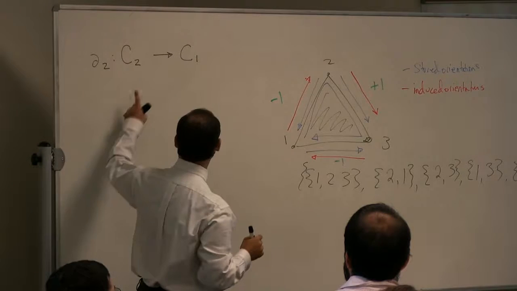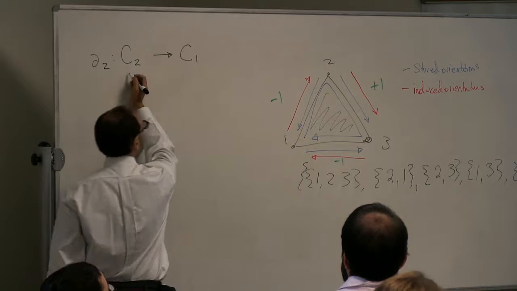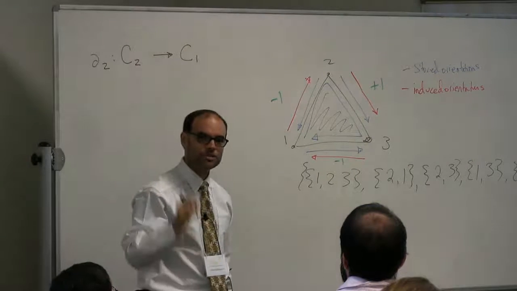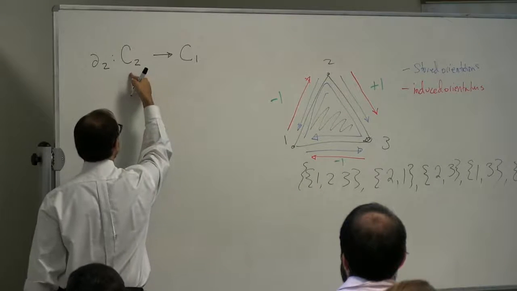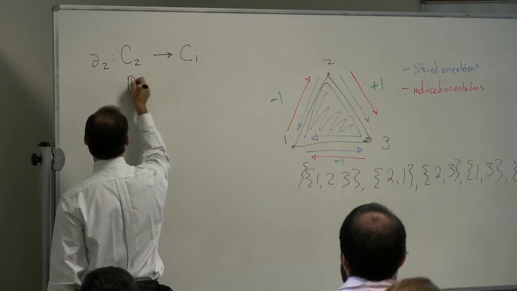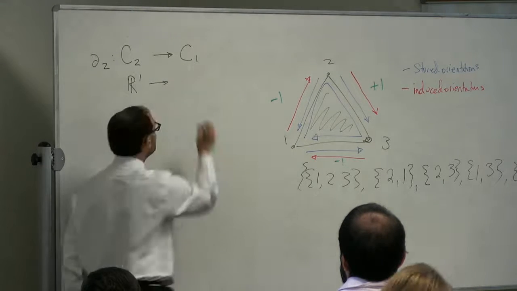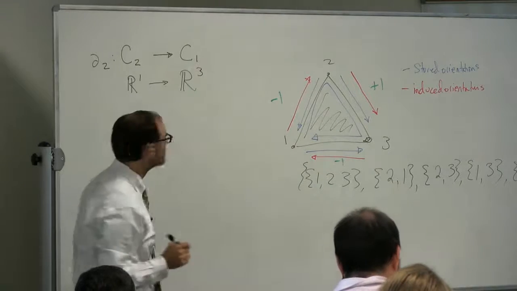There is, of course, a map from C1 to C0, which we can talk about as well. But for C2, how many 2-dimensional simplices are there? Just one. So this is a 1-dimensional vector space, R1. And how many 1-dimensional simplices are there? There's 3. So this is R3. So this is a 3 by 1 matrix.